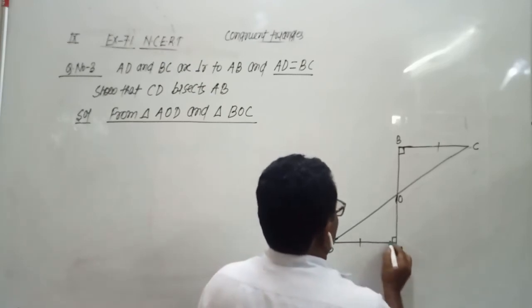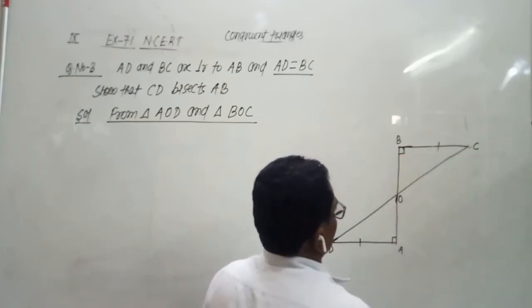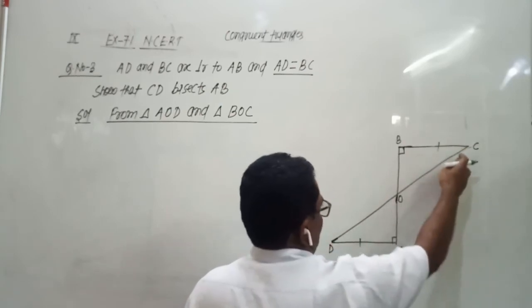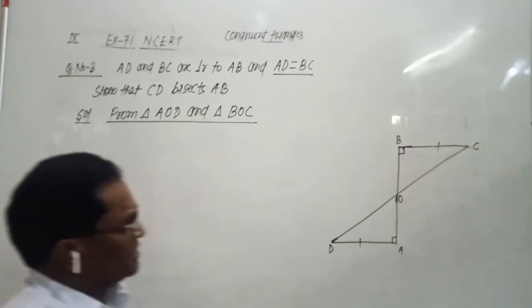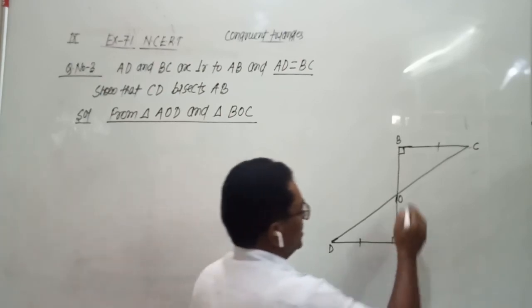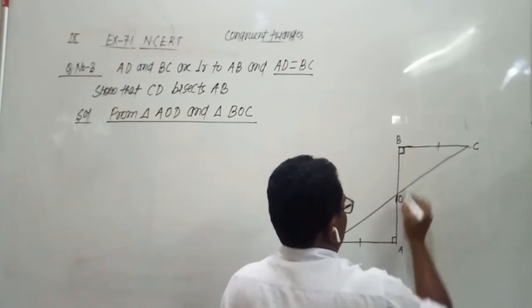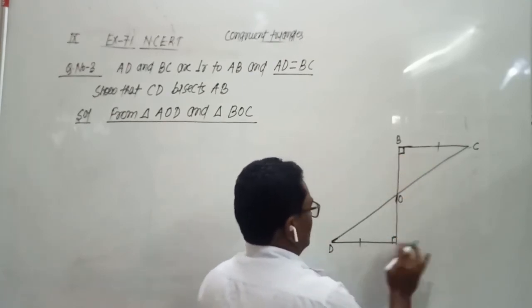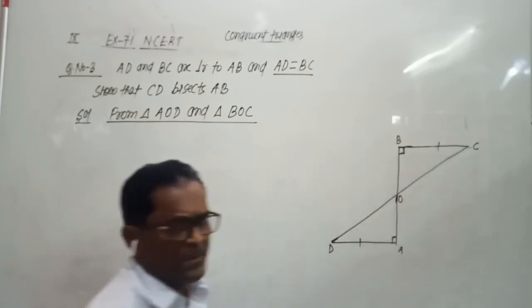These two lines are parallel lines, and this is the transversal. BC is parallel to AD because they are both at 90 degrees; alternate angles are equal, therefore they are parallel.